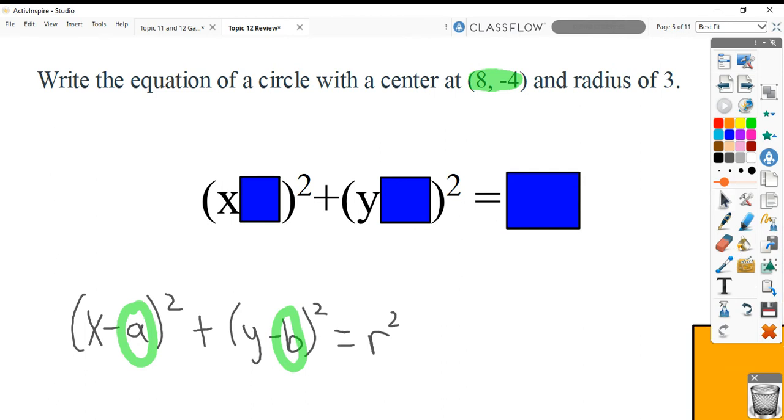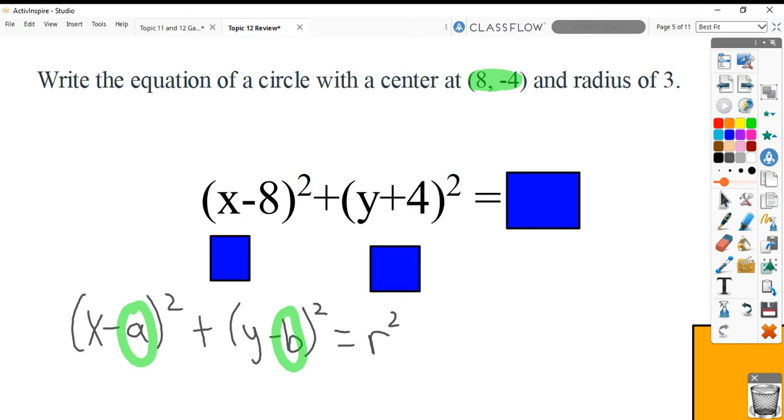On the left side of the equation, you're going to have x minus 8 and y minus 4. But something you need to pay attention to is that in our point, our coordinates up here, we had positive 8 and negative 4. When we put that into our equation, that becomes minus 8 and plus 4. So don't get that mixed up.